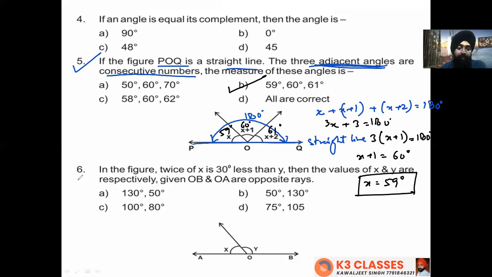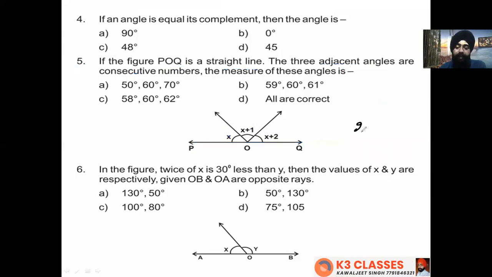Now we are proceeding to the next question, the sixth one. In the figure, twice of x is 30 degree less than y. That means if we add 30 degree to twice of x, then it will be equal to y.